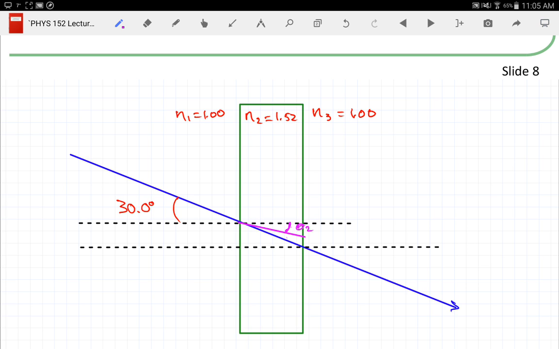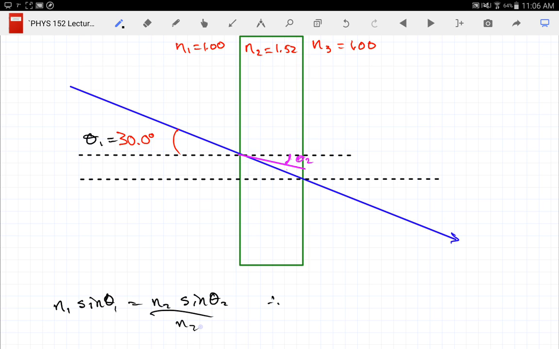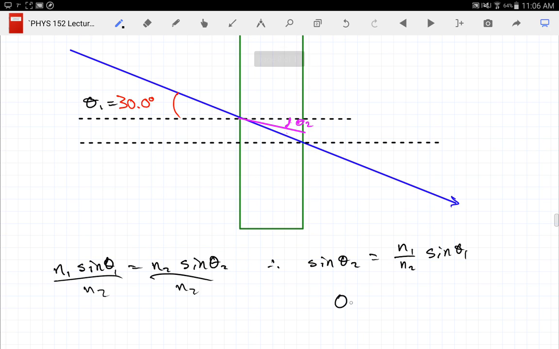How big is theta 2? Calculation, I have to use Snell's law. So I'm going to put N1 sine theta 1, I didn't label that, equals N2 sine theta 2. I want to solve for sine theta 2, so I divide both sides by N2. So theta 2 is equal to arc sine of N1 over N2 times sine theta 1.